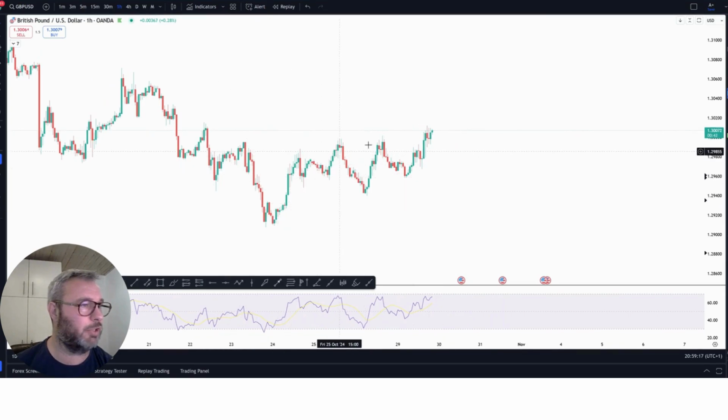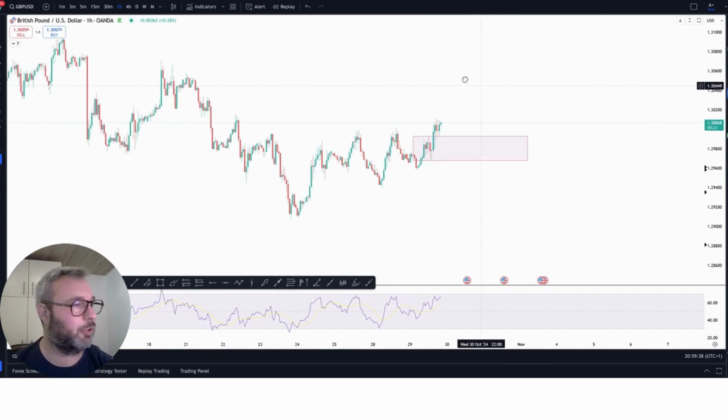Here you can see price is in an uptrend. So tomorrow I'll be looking for something like this. So when the price comes down, I'll look to long it. It's pretty basic.